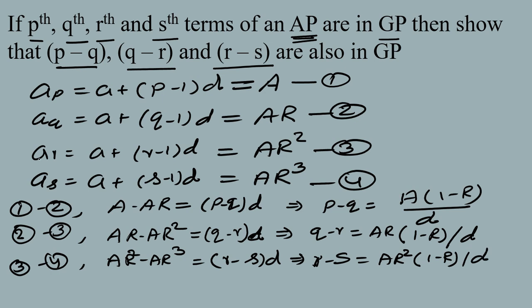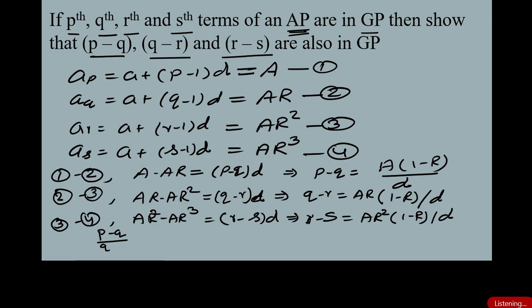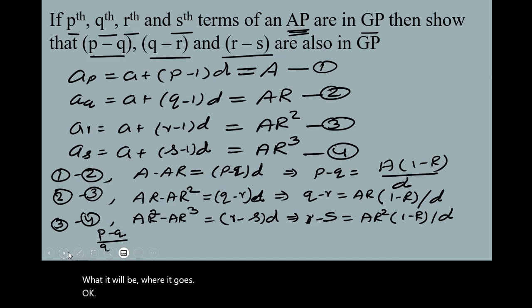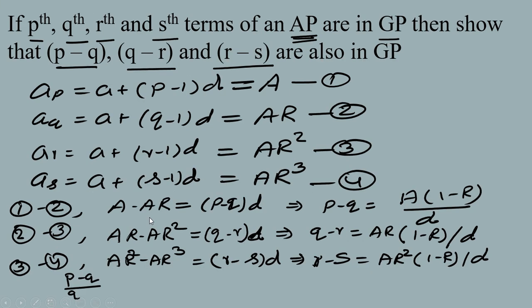Now you can see we have to prove all these things are in GP. So what do you do here? Simply find P minus Q over Q minus R. I think something was clicked by mistake, so I will not write it down because there will be some disturbance.